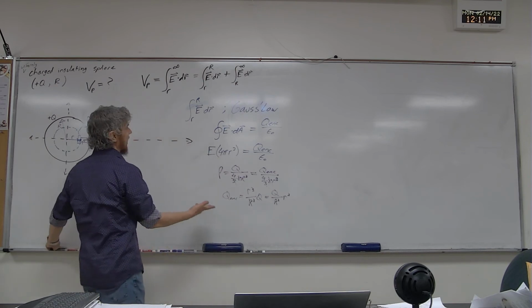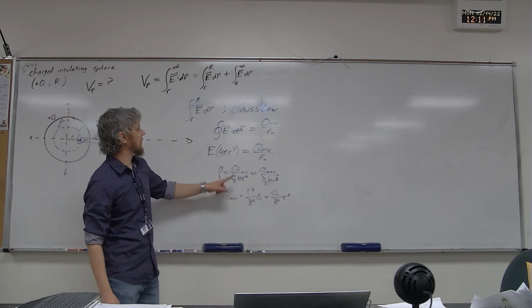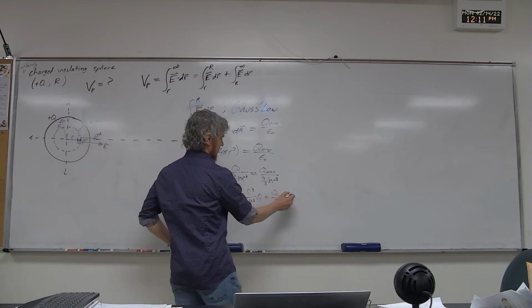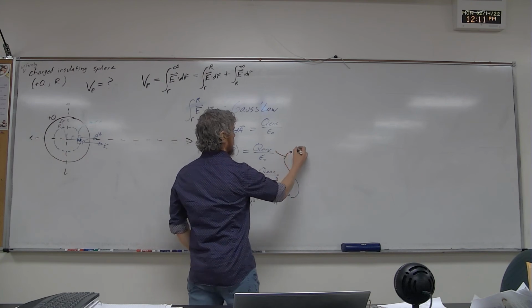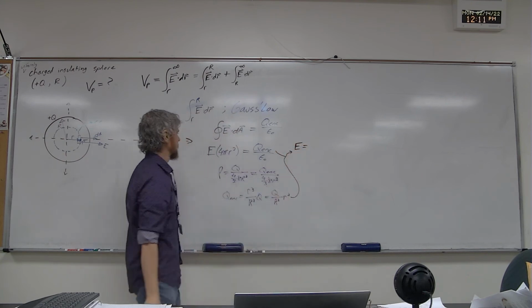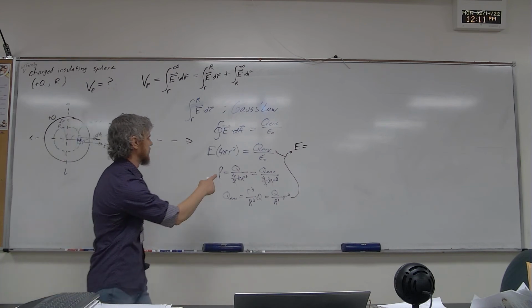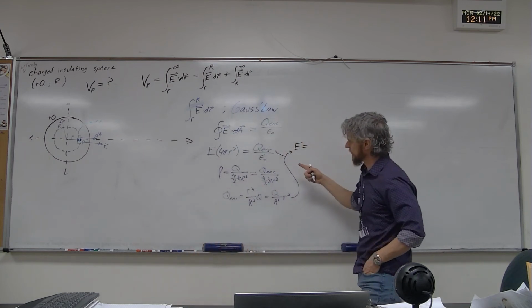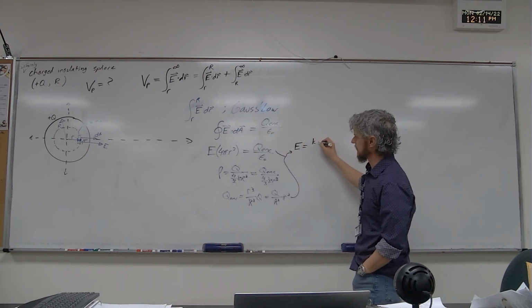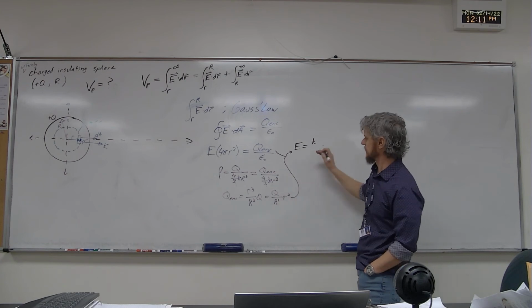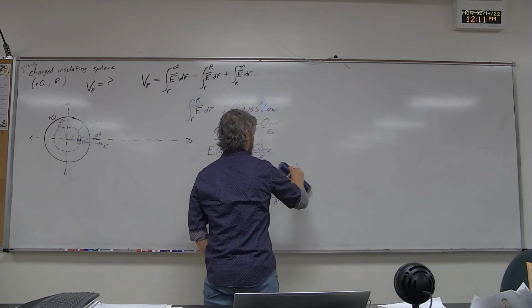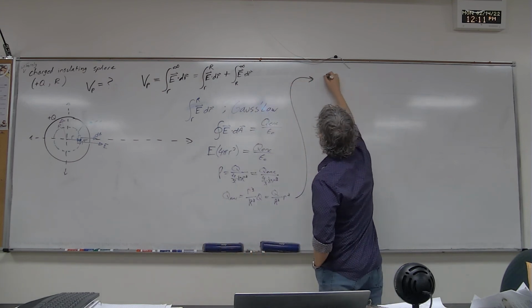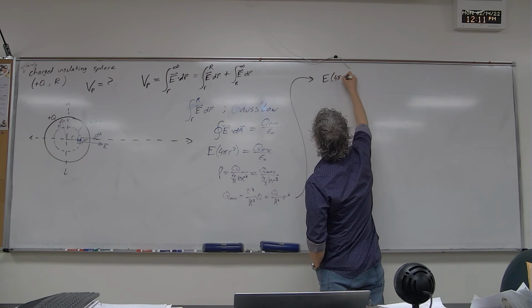All right, so now that I have the enclosed charge, I need to figure out the electric field by combining these guys. So my electric field then is going to have a K, right? 4 pi epsilon naught. I'm just going to write it out.